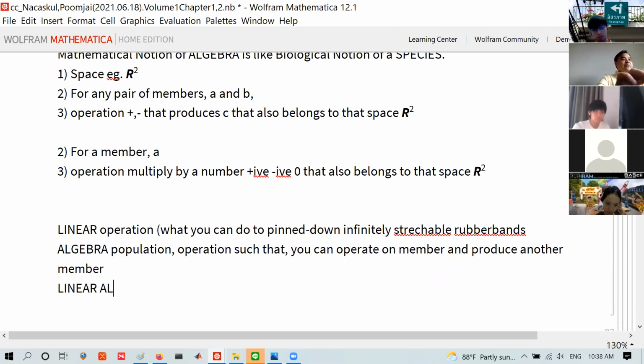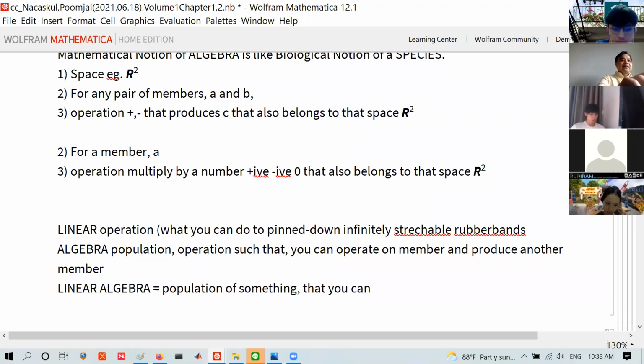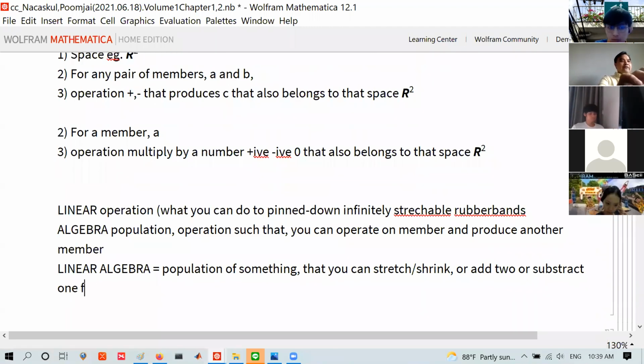Linear algebra is a population of something that you can stretch or shrink or add to or subtract one from another and produce another member.